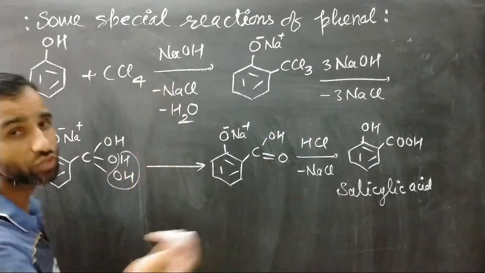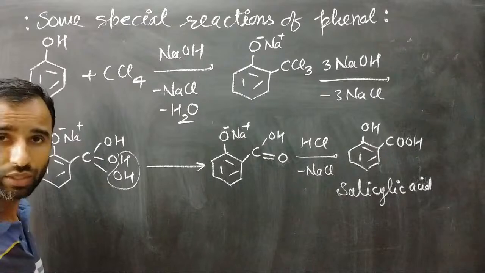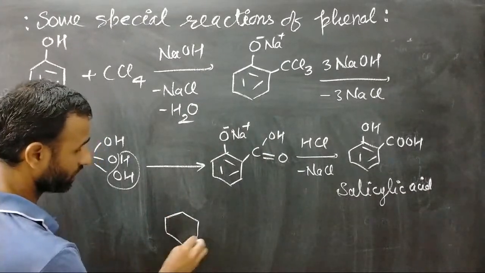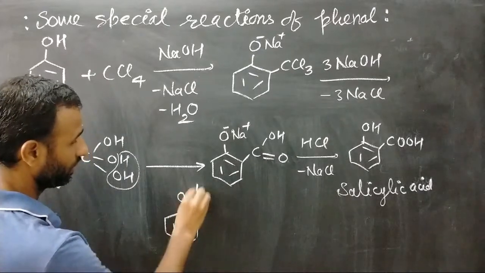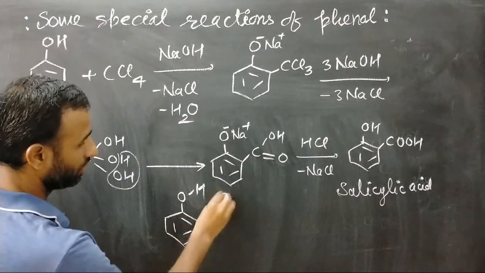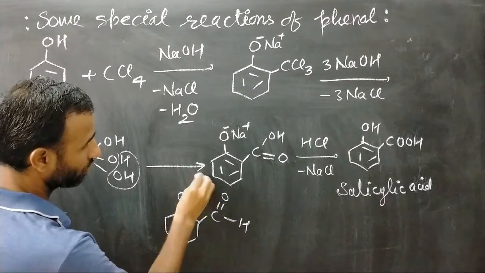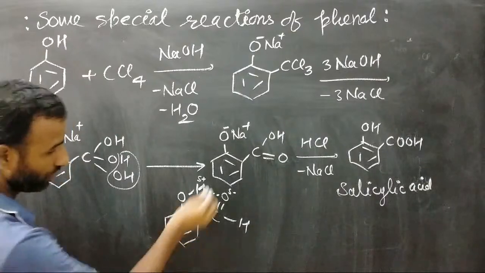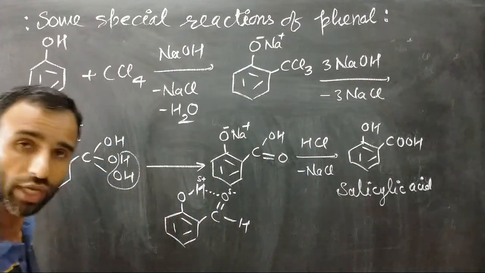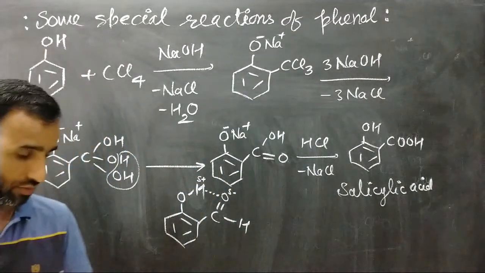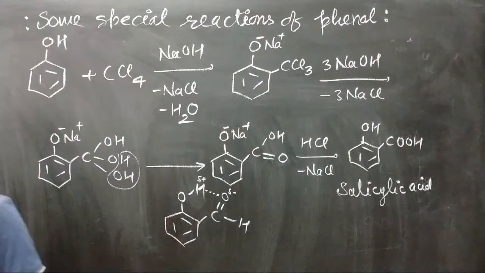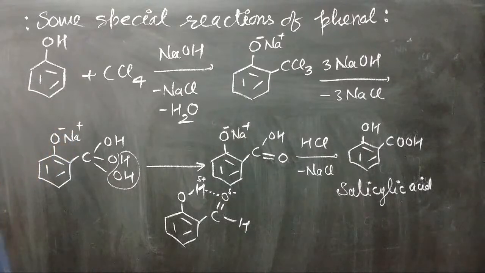Chelation means ring type structure formed by bonding. Like say in this case you can say hydrogen bonding is formed and we get a 6-member ring. Okay? And in this way it becomes stable. Okay? So this is Reimer-Tiemann reaction.